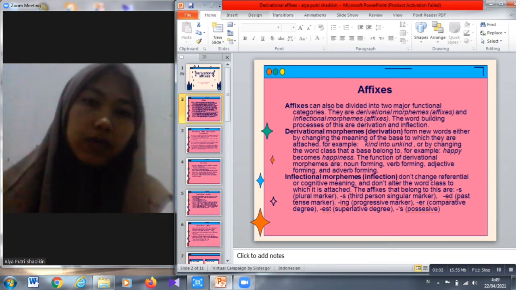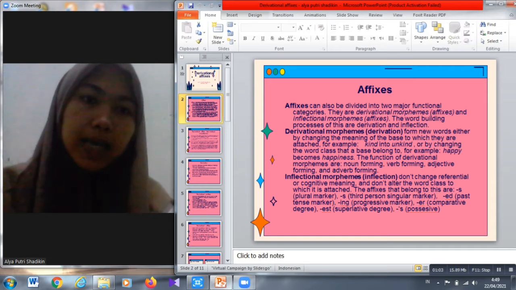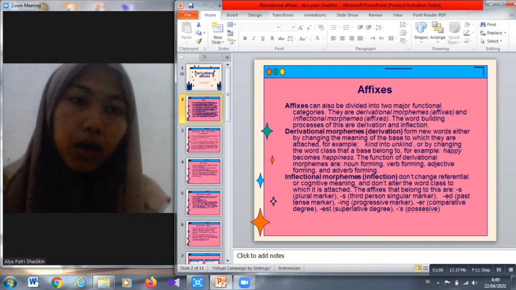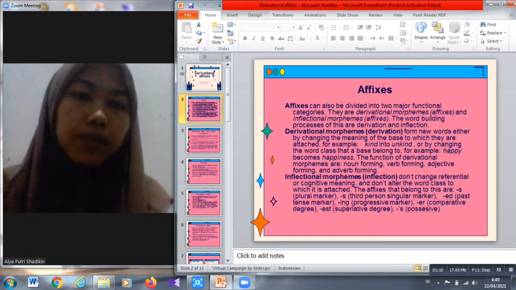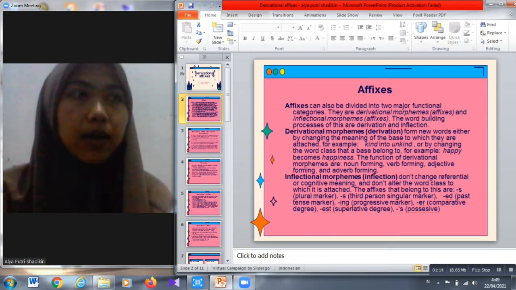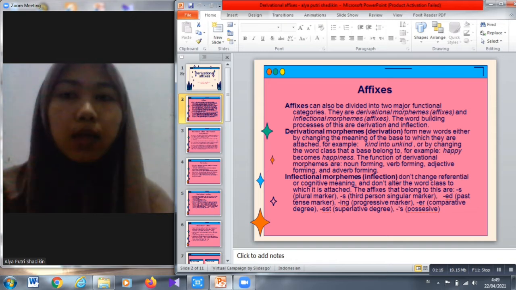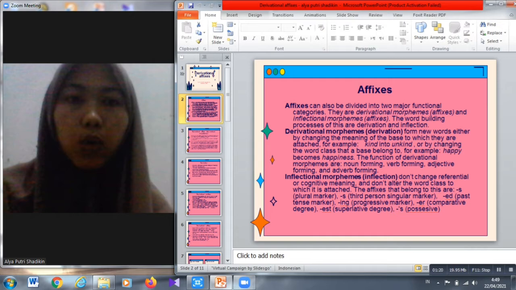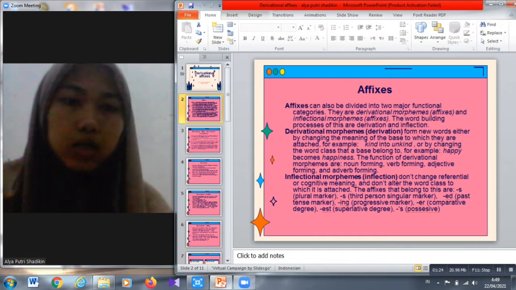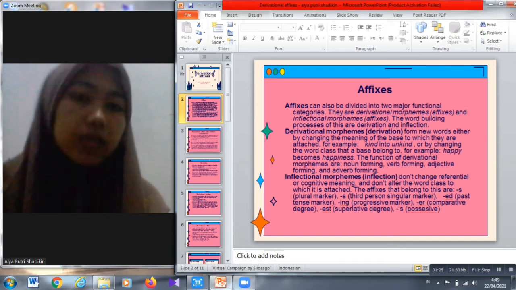First one, derivational morphemes form new words either by changing the meaning of the base to which they are attached, for example, kind to unkind, by adding un at the first of the word, or by changing the word class that the base belongs to, for example, happy becomes happiness.